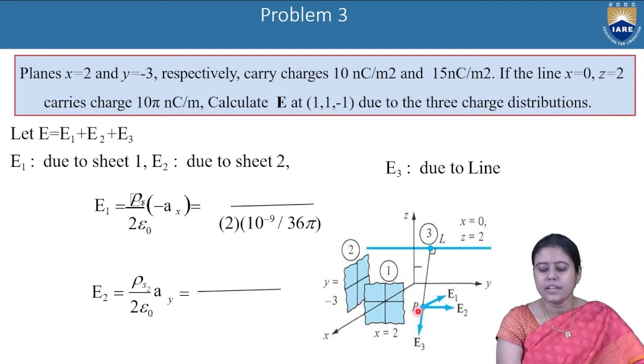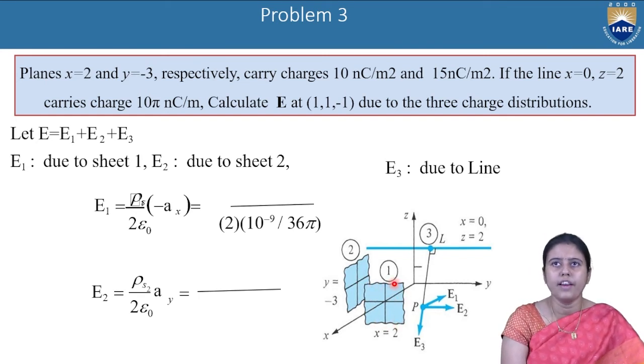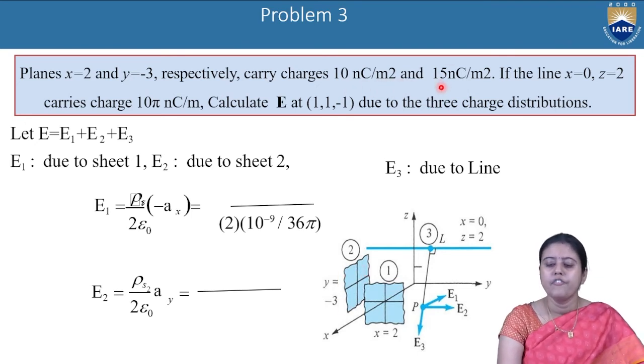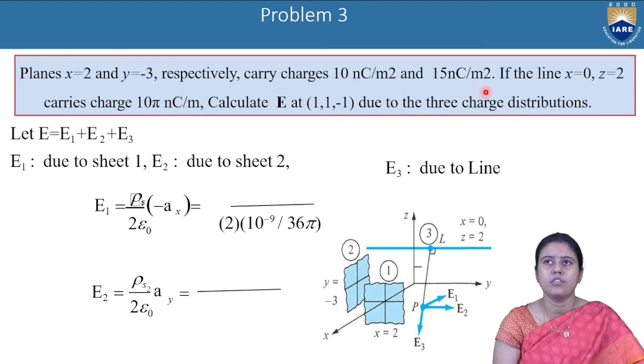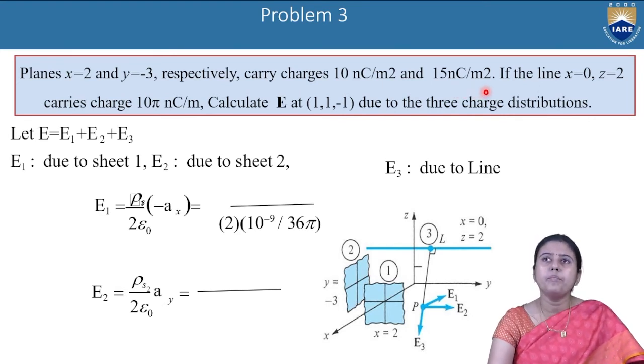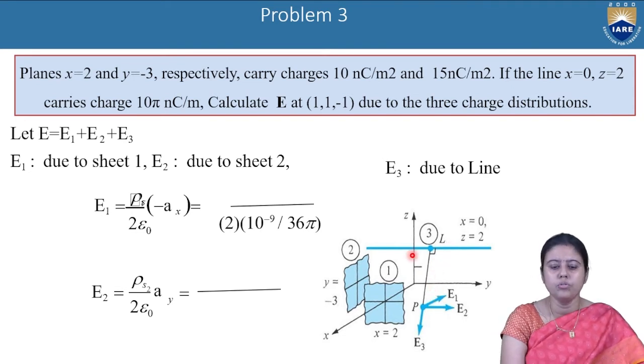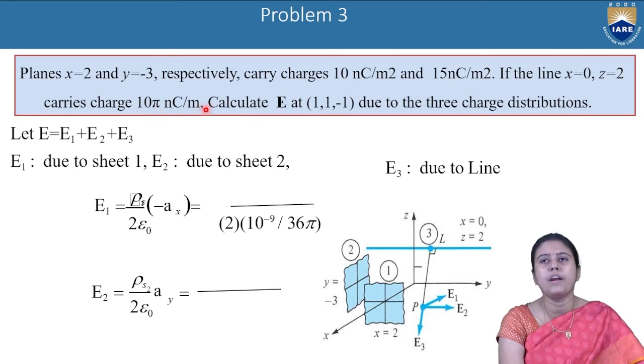Next, what is the value of the charge? The charge at this surface is given as 10 nanocoulomb per meter square, and for this it is given as 15 nanocoulomb per meter square. Again, there is a line, the line x equals 0, z equals 2, which carries a charge of 10 pi nanocoulomb per meter.